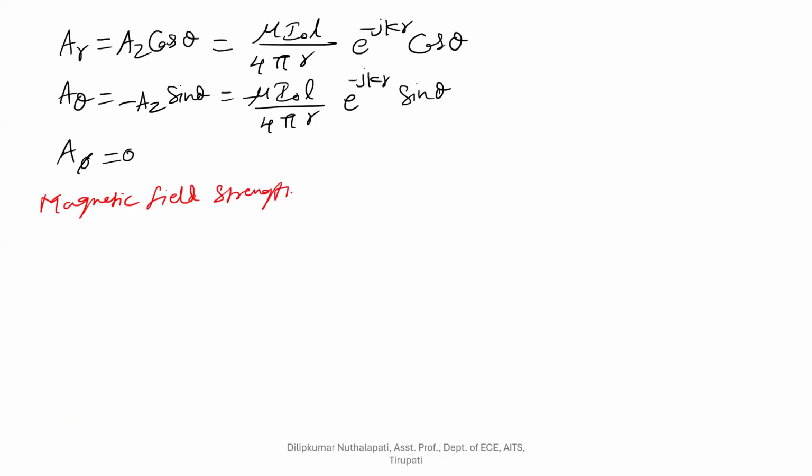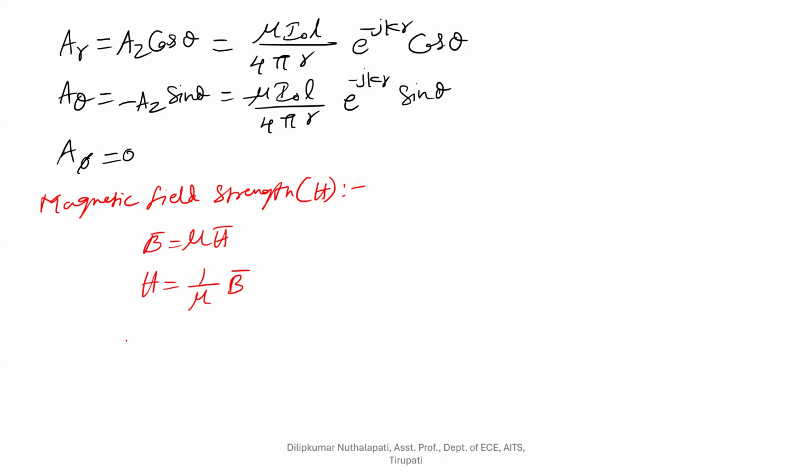So we start with the magnetic field strength, that is H. For this, we will consider Maxwell's equations. With representing the magnetic field, we have the notation B bar is equal to mu H bar. So here, as we need H, make it the left hand side: 1 by mu into B bar.